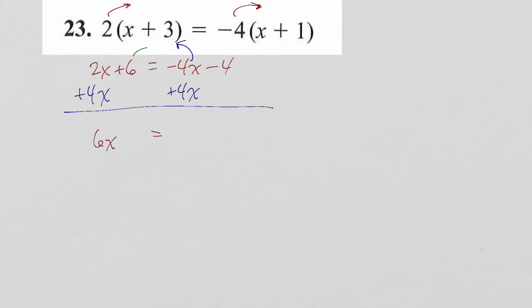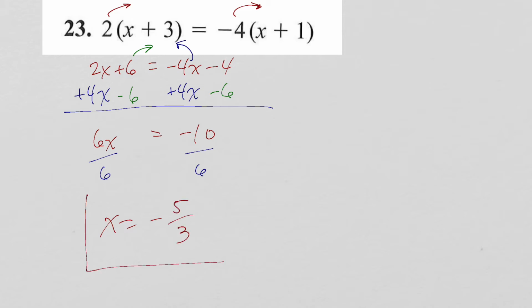I'm going to move the 6 over to the right by subtracting that from each side. And negative 4 minus a 6, those signs match, so I add and get negative 10. And I'll solve by dividing each side by 6, and I'll get negative 10 over 6, which reduces by dividing by 2 to negative 5 over 3.